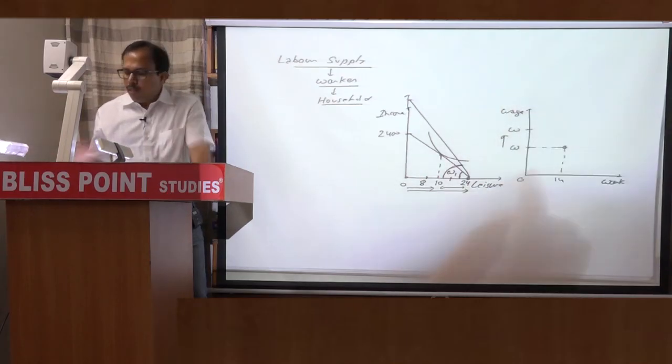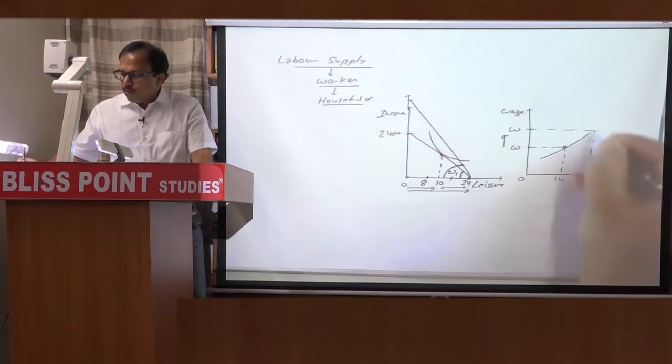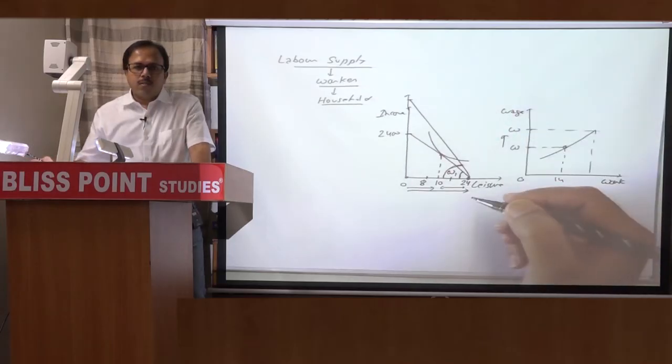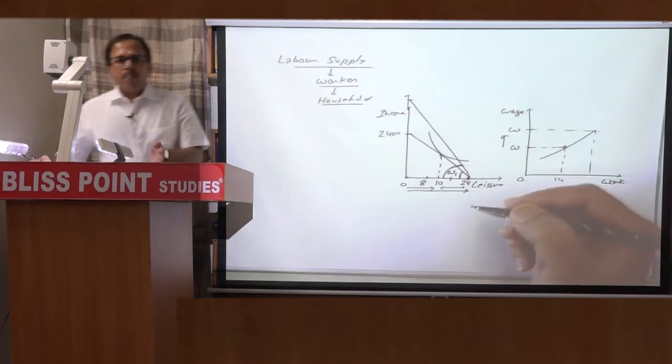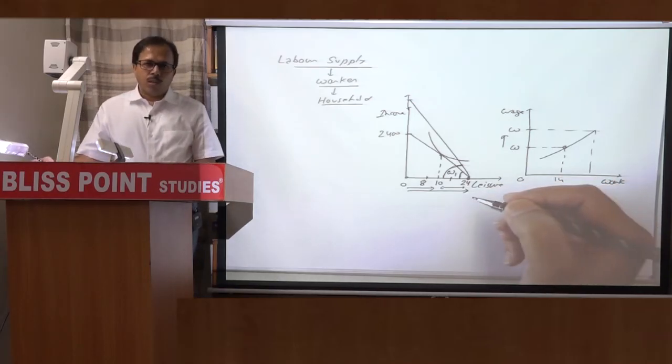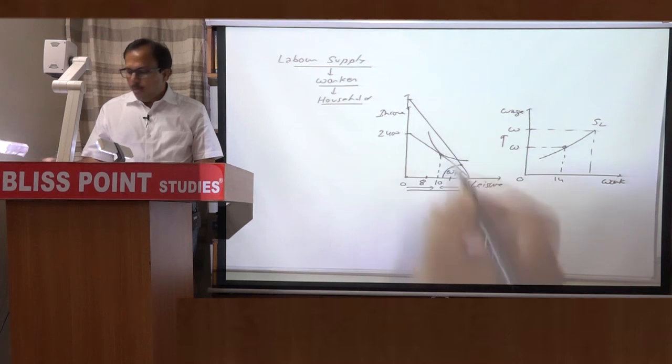That means up to a certain wage it will be increasing, and then it will decrease. But in macro, we are assuming that at a higher wage, the economy will always get more and more workers who are ready to work. So if you are showing it as only positively sloped, then how to mark here?